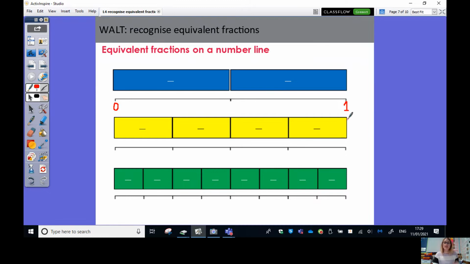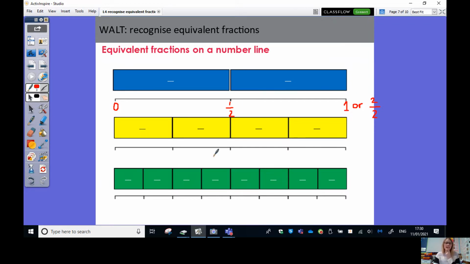And we're just looking at fractions smaller than 1 at the moment. Okay, so in the middle, I'm going to label that 1/2. 0, 1/2, 1 whole. Or I could say this is the same as 2 halves because I've got 2 halves there. Okay, so 1/2, 2 halves equals 1 whole.